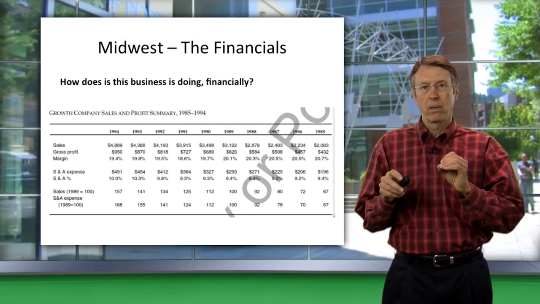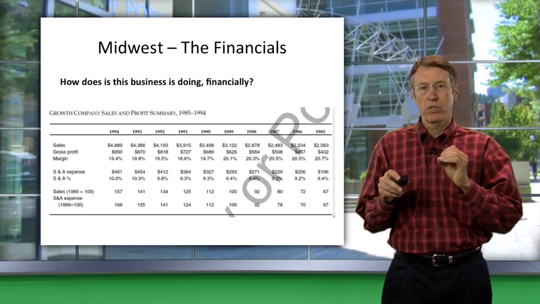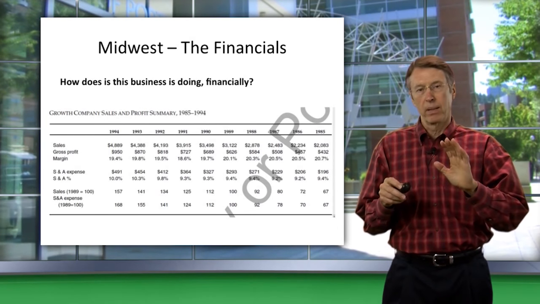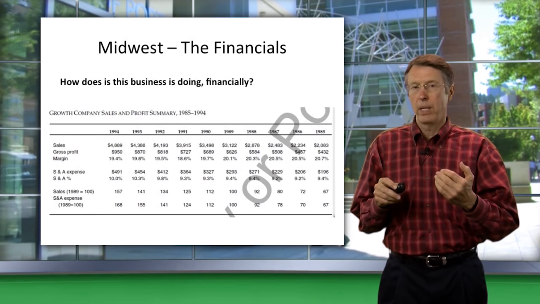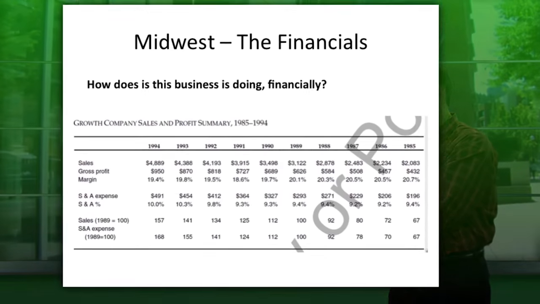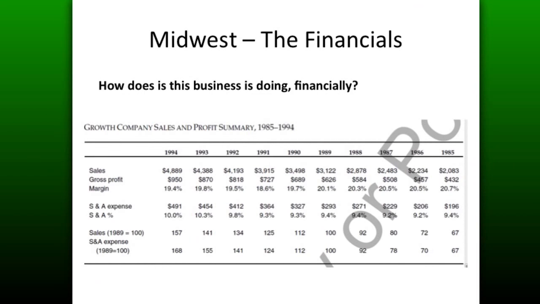With that in mind, we can then ask, how is this business doing? And here are some financials that John Malone happens to be looking at. Again, we're going to zoom in on these financials so you can really see what's going on in this business. I'll caution you, they read from right to left, with the most recent year on the left.